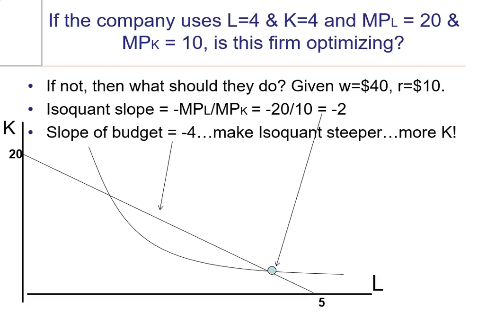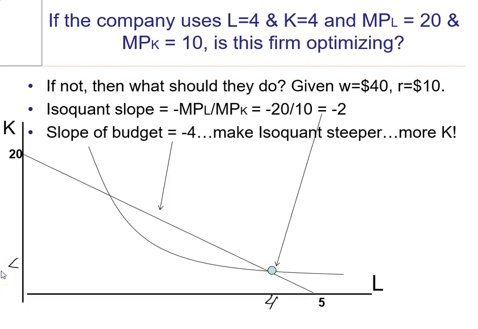Now, let's use the Tangency Rule to determine if the firm is optimizing. Recall what we needed for the Tangency Rule is the slope of the isocost, this line, to be equal to the slope of the isoquant, this curve. And 4 units of workers and 4 units of capital is approximately right here at this blue dot.